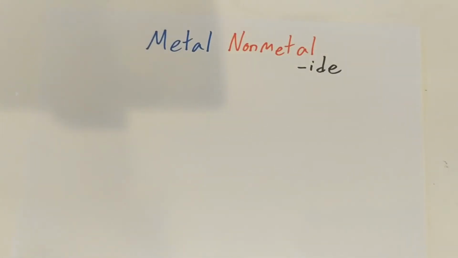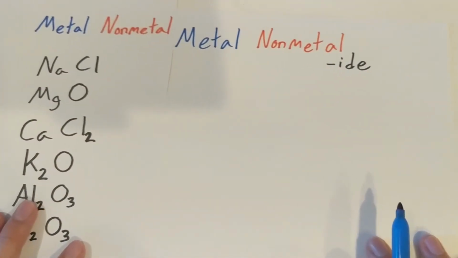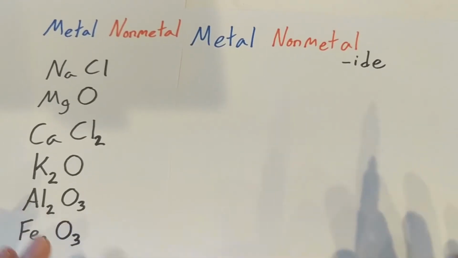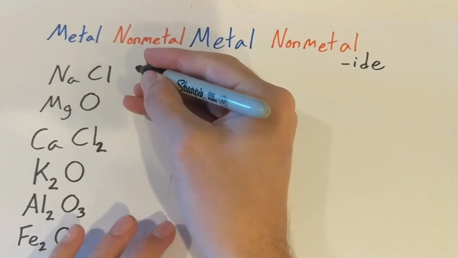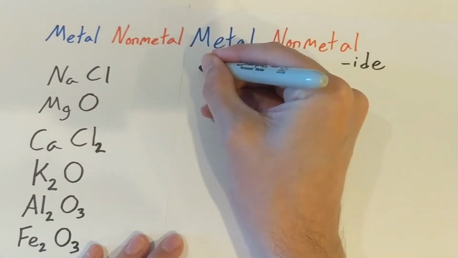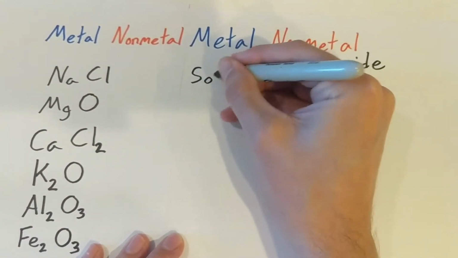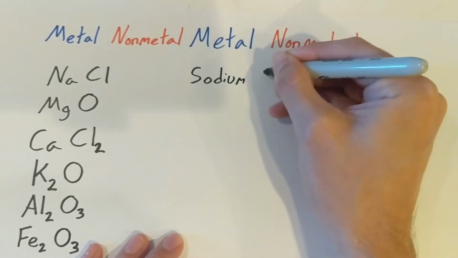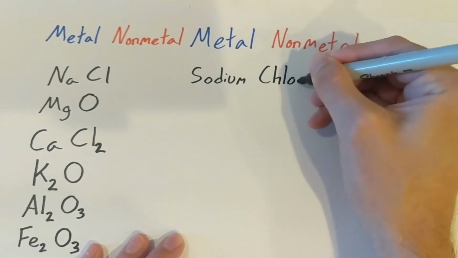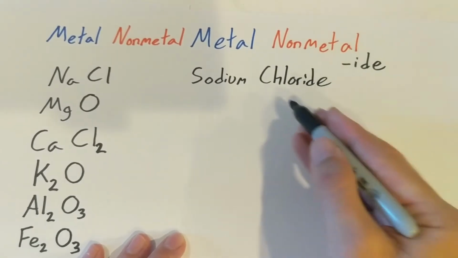So when writing these out, we could see, and we've seen this one so many times before, we got NaCl would be sodium chloride instead of chlorine.